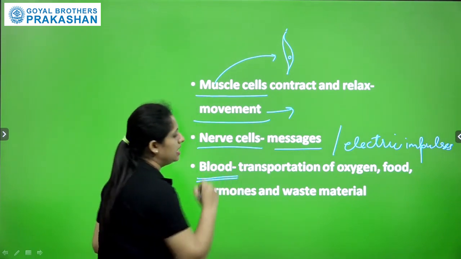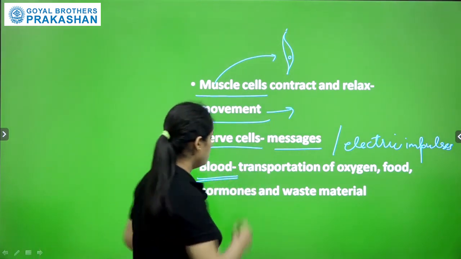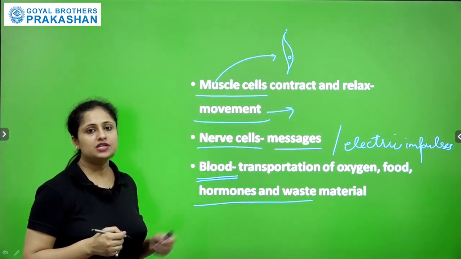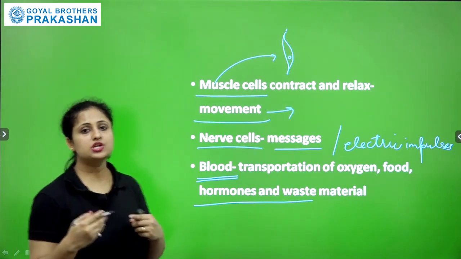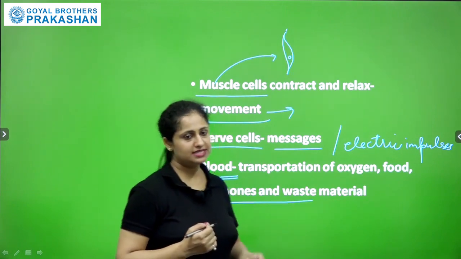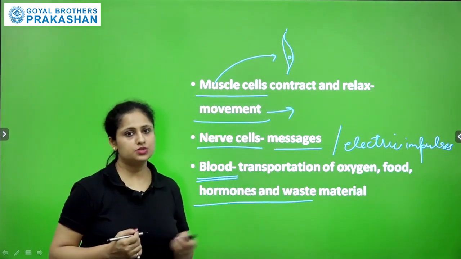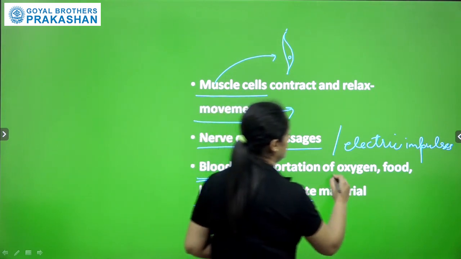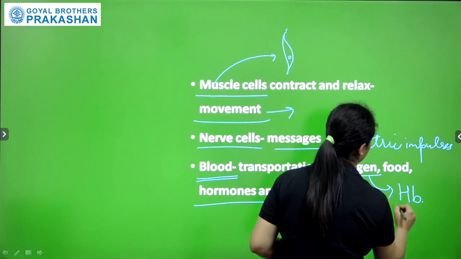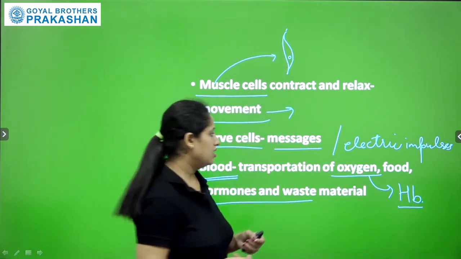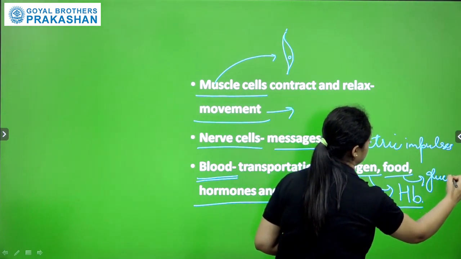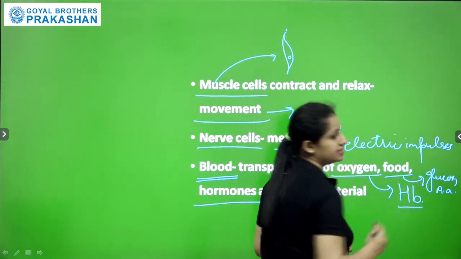Next, blood: transportation of oxygen, food, hormones and waste material. Blood is responsible in our body for the transportation of various substances like food molecules, oxygen, hormones, waste material. Oxygen can be bound to a respiratory pigment known as hemoglobin. Food involves glucose, amino acids and various types of salts.